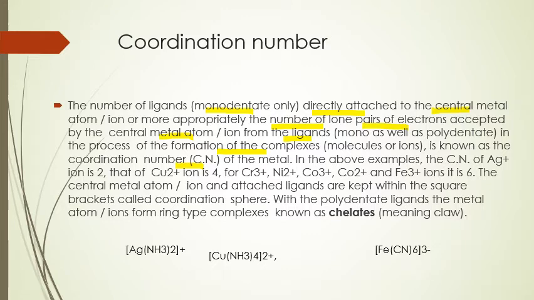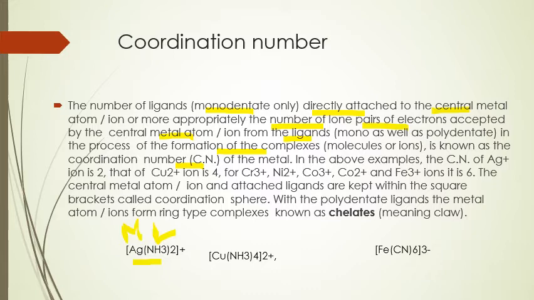So we have the example of this complex of silver. That is the coordination number of the silver here, because it is attaching with the ligand. Here the ligand is ammonia. So this is L, this is M, and how many L are there?